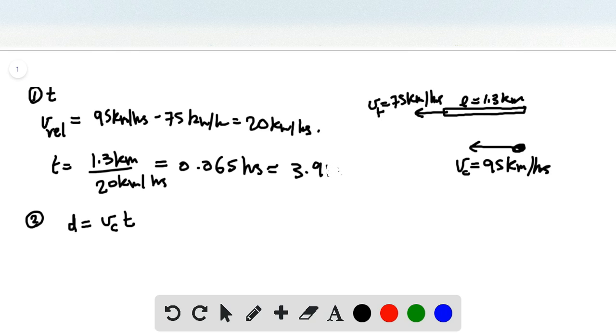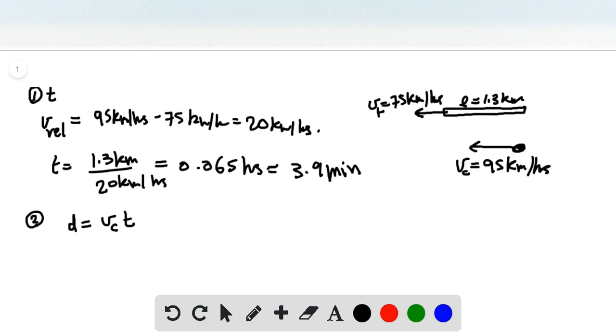Of course, it's minutes. Let's write it this way: MIN, minutes, because we use meters for length. So M for meter and min for minutes.